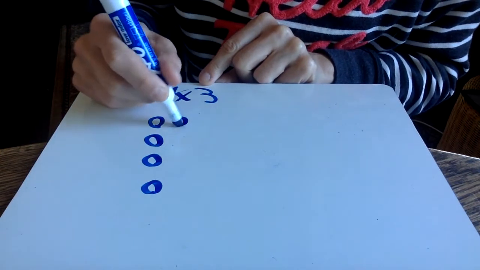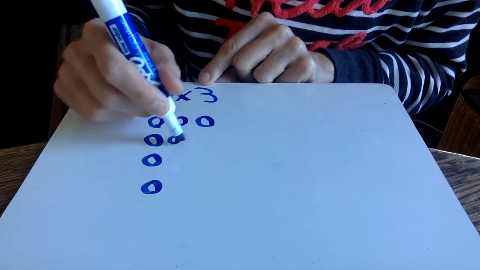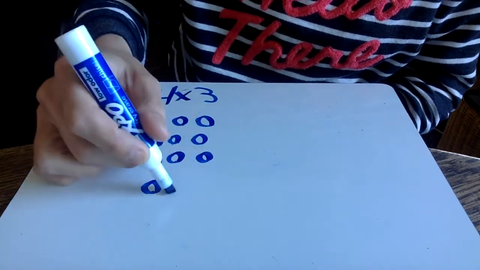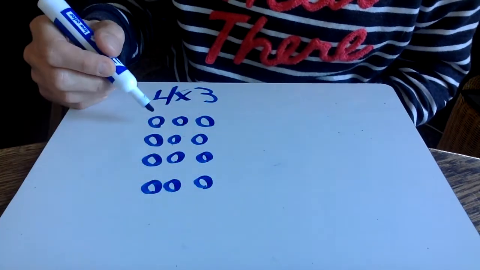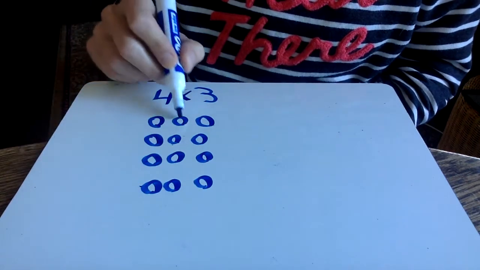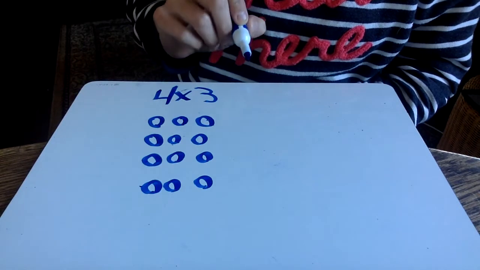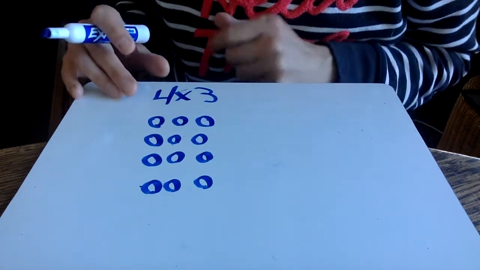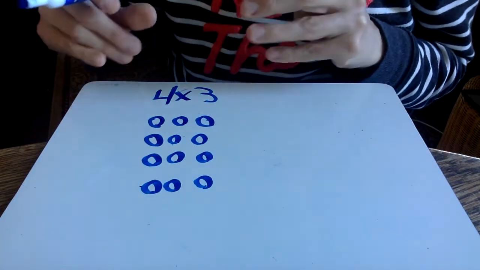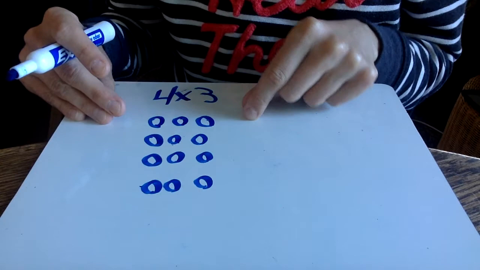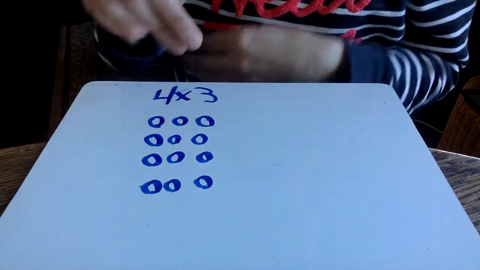So I have 4 rows of 3 in every single row. And this is how I display an array. It shows repeated addition or equal groups in rows.